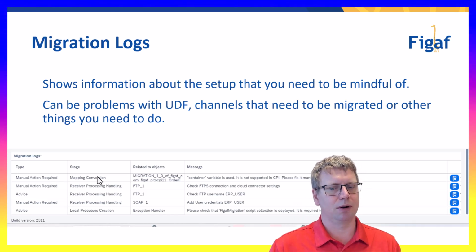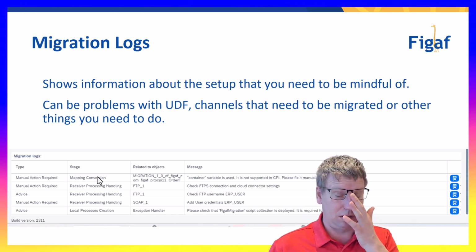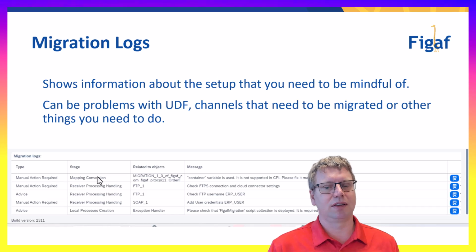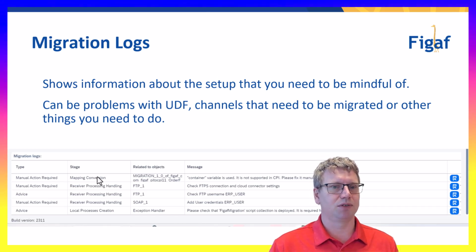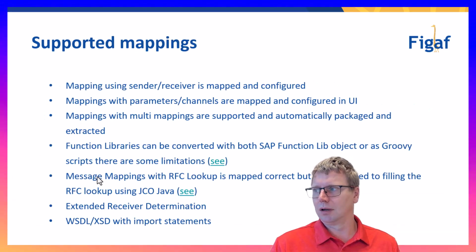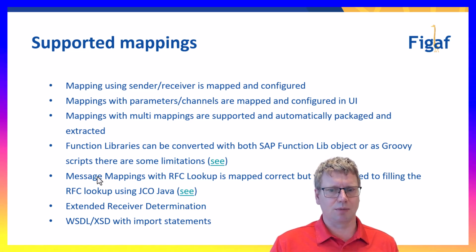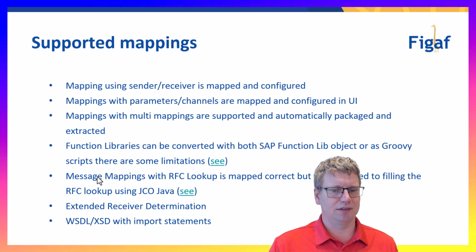At the bottom you also have this migration log that gives you an overview of what steps and checks we actually need to do for this to work. There are some of the supported things that we have here.